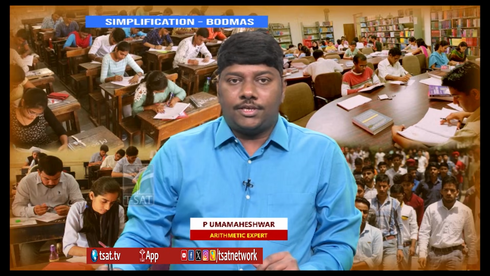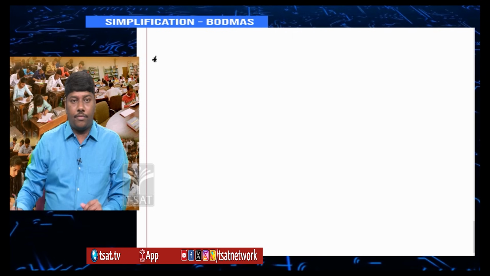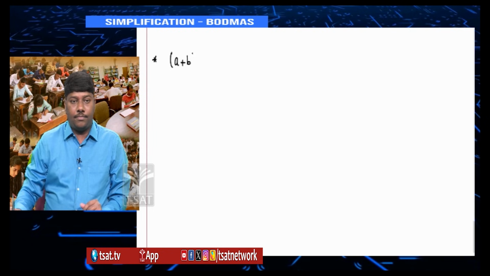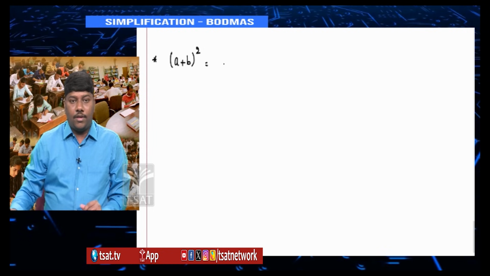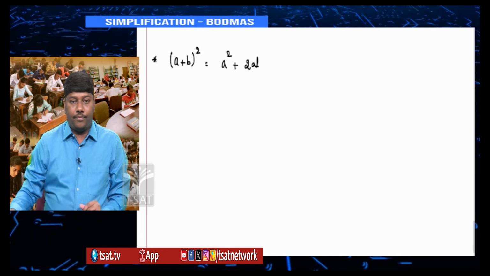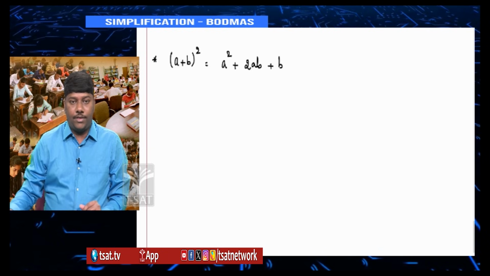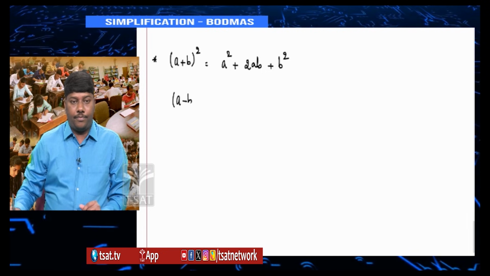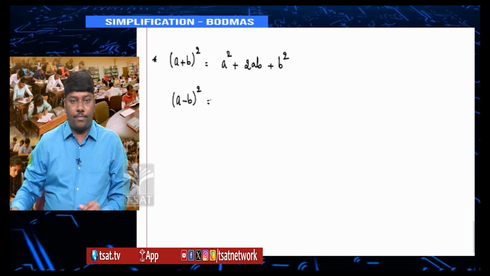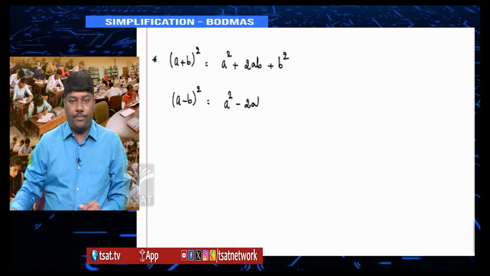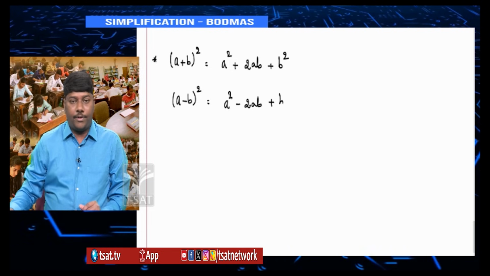So, what are the formulas that you have to know? We all know a plus b whole square is a square plus 2ab plus b square, a minus b whole square is a square minus 2ab plus b square.